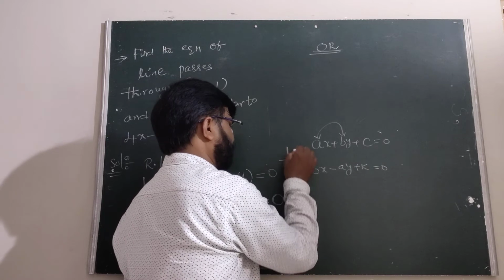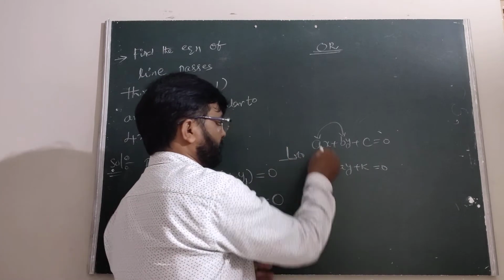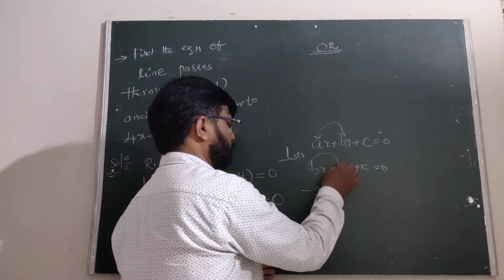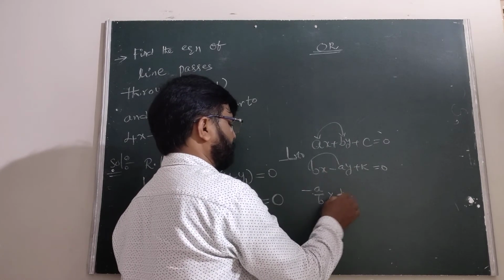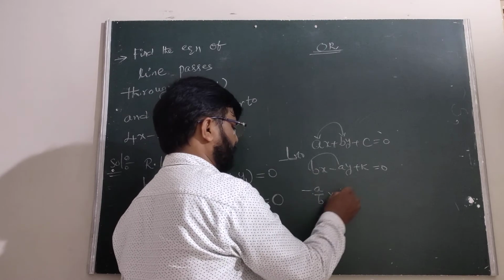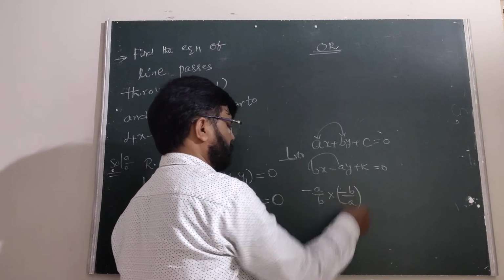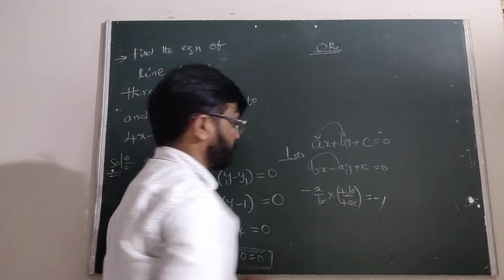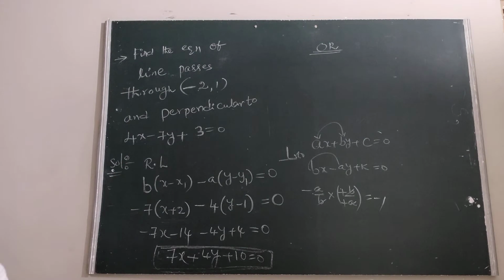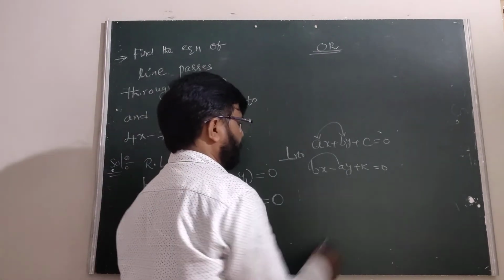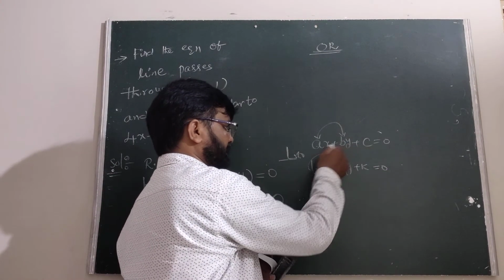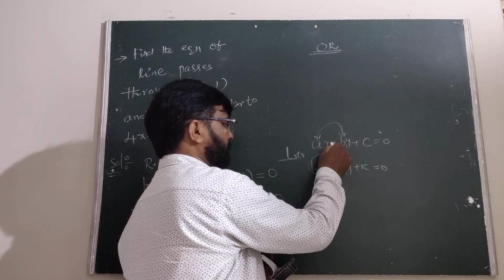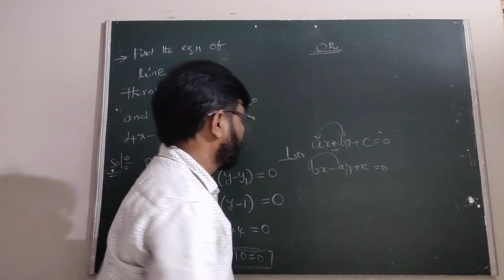This is perpendicular to the line, because the slope of this is -b/(-a), and the product with -a/b, b cancels, a cancels, we get -1. Therefore the perpendicular line of ax + by + c can be written by interchanging the coefficients of x and y, then taking the opposite sign of the y coefficient.